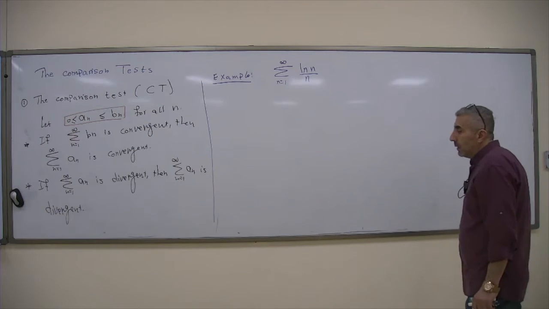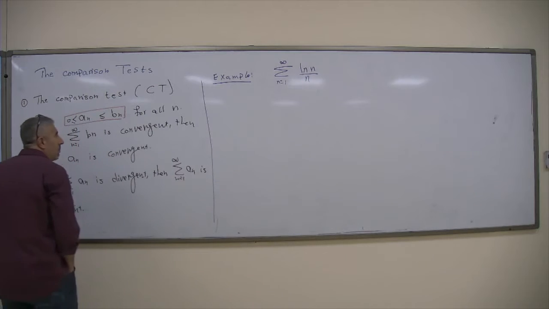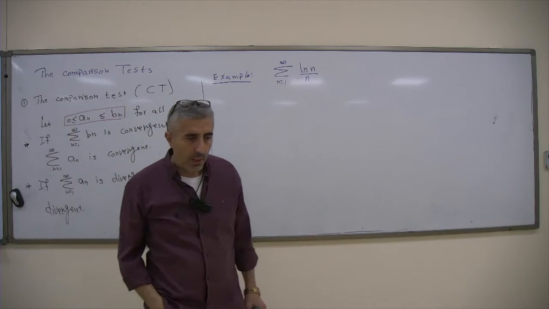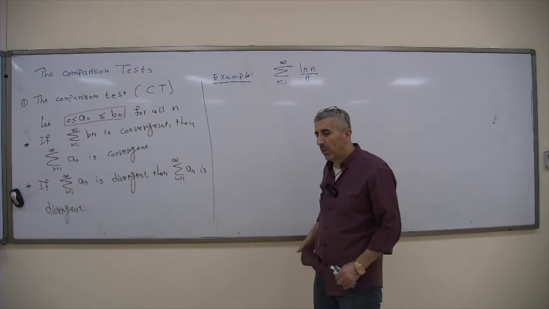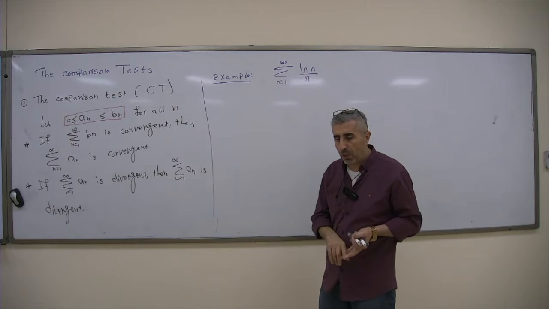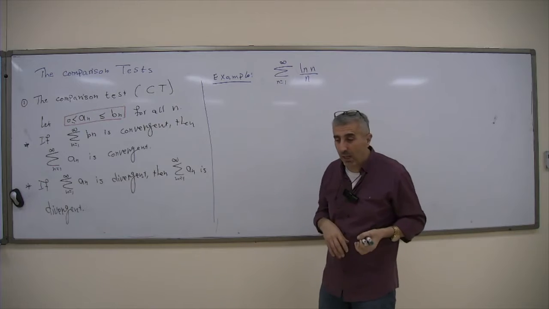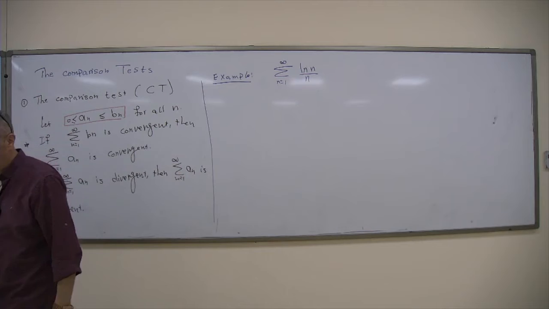Well, before this test, maybe you will think about the integral test. Remember, in the integral test, there is a lot of work that you need to do. You need to find a function. Your function should be positive, continuous, and decreasing, and then you have to integrate and get an improper integral. So basically, there is a lot of work involved in the integral test.